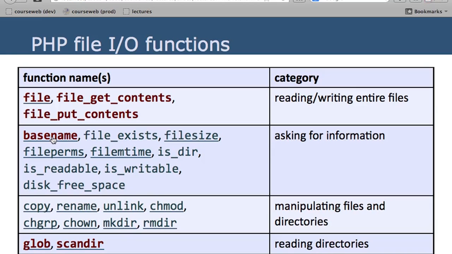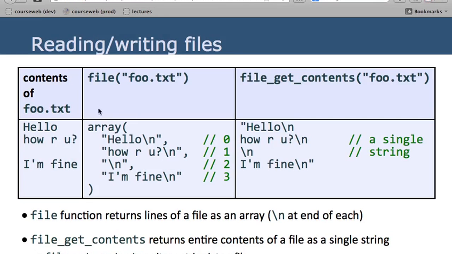So if you pass in a file path with directories and the file extension and so on, it'll cut off the directories and give you the name of the file itself. We can check to see if it's readable or writable. We can copy a file, rename it, move it, delete it, make our own directories, and things like that. But we're going to focus mostly on reading and writing files.